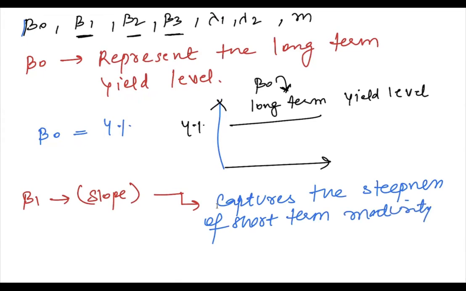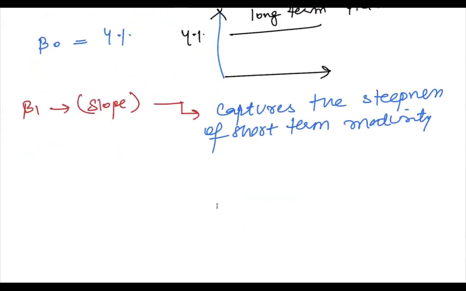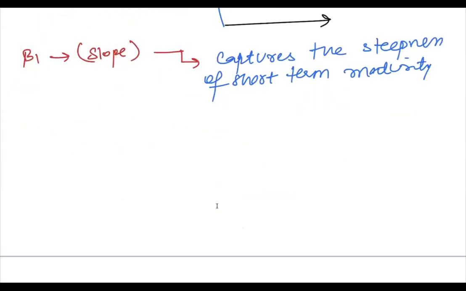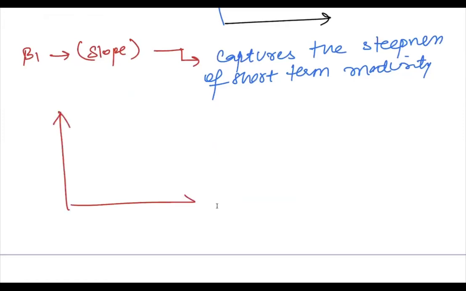Basically, if you see any yield curve, something like this, this steepness is what beta 1 captures. So it captures the steepness of the short-term maturities.